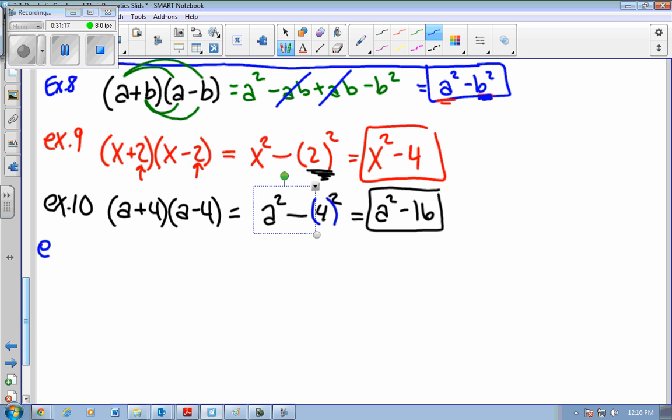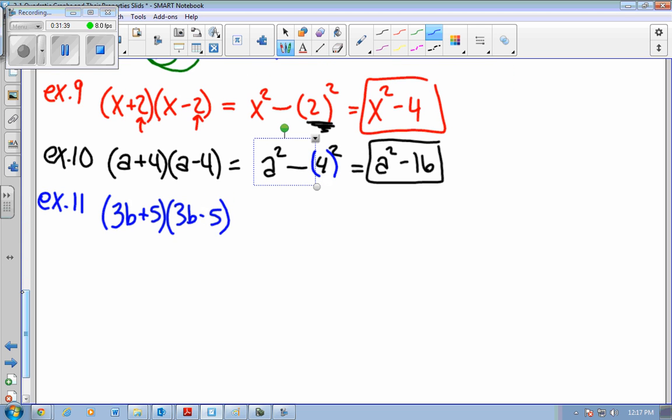Okay, sounds like we need another one. (3b plus 5) times (3b minus 5). I will help you with this one because it looks slightly different.